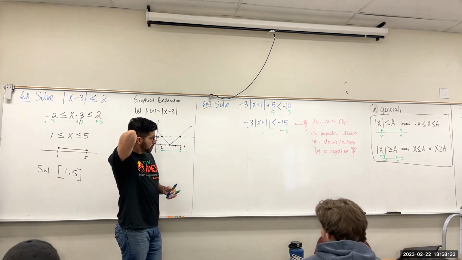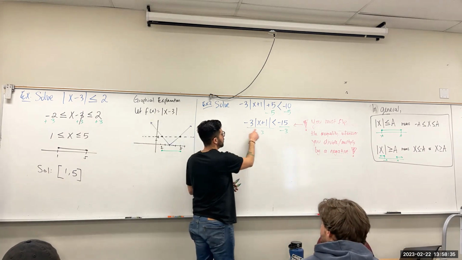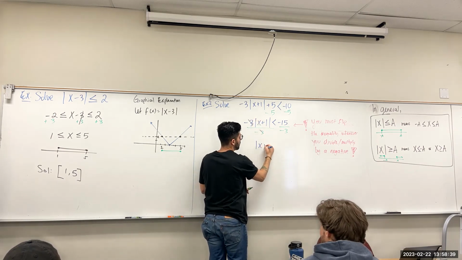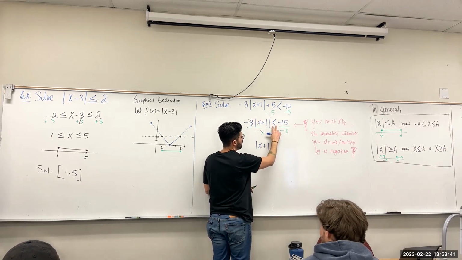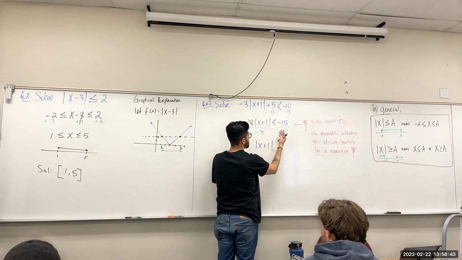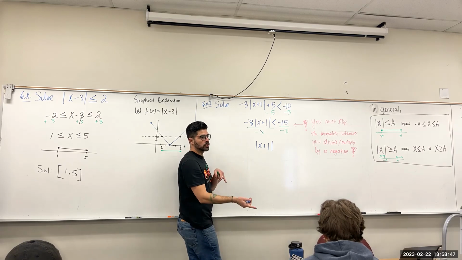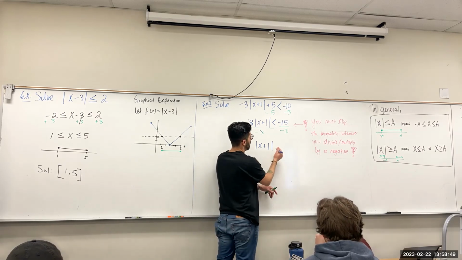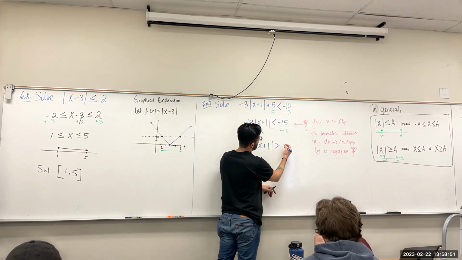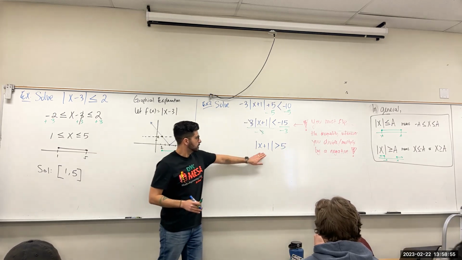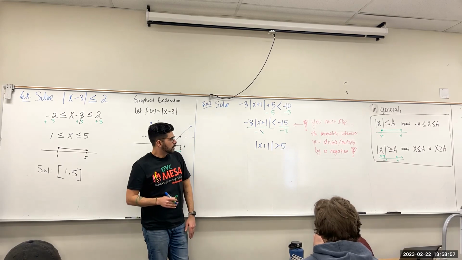So because we divided by -3, they cancel, but now we get the absolute value of x plus 1, and I have to flip the inequality because you're negating both sides of the equation. So that turns into greater than 5.